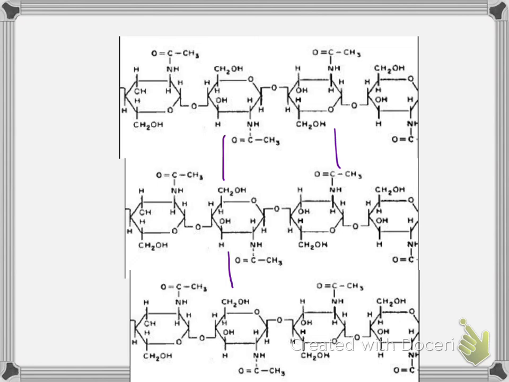The cross-linked chitin chains form bundles, which make stronger microfibrils. So straight parallel chains of chitin molecules form hydrogen bonding, and these cross-linked chitin molecules form bundles. It makes stronger microfibrils.